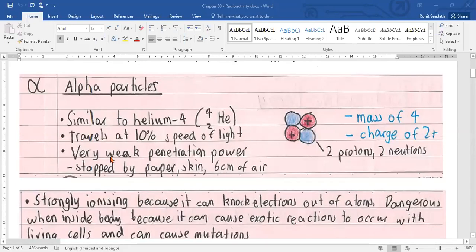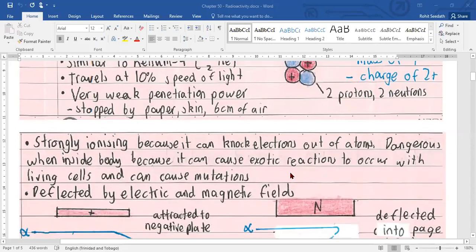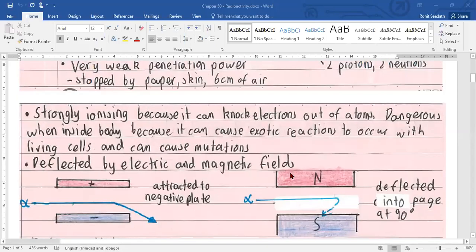So, alpha particles are similar to helium, which is 4,2. They travel at 10% of the speed of light and have very weak penetration power, stopped by paper, skin and 6 centimeters of air. You need to learn these characteristics of all three, including gamma, but the decaying is only for alpha and beta.